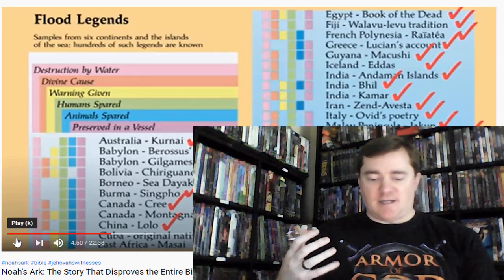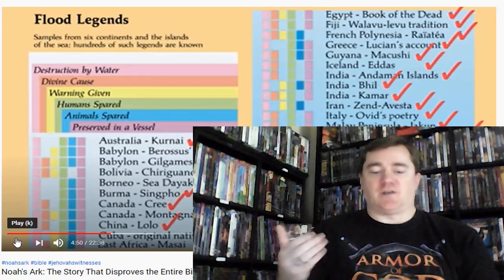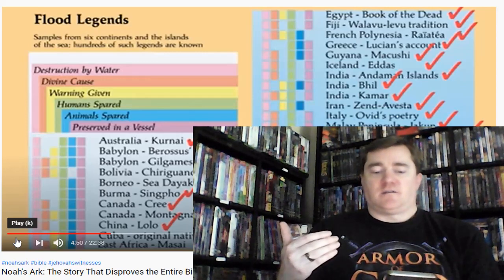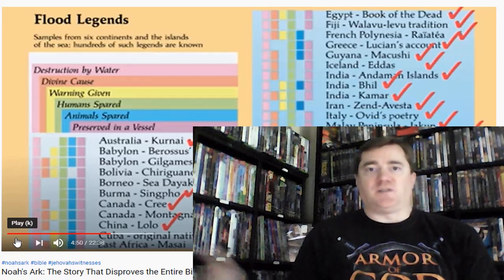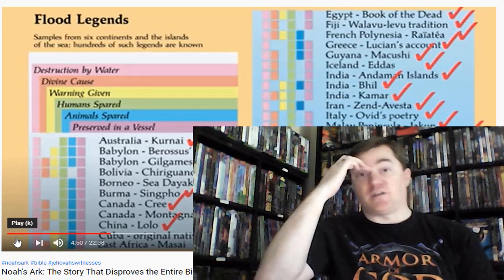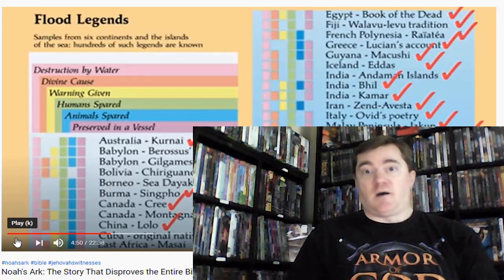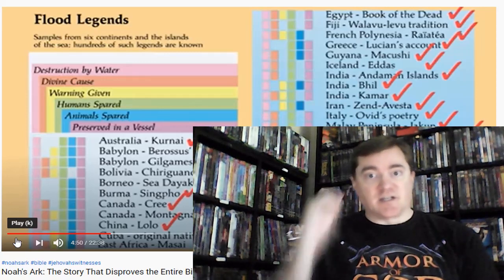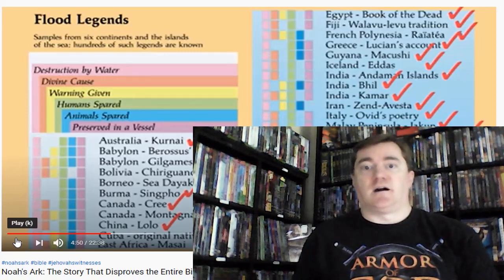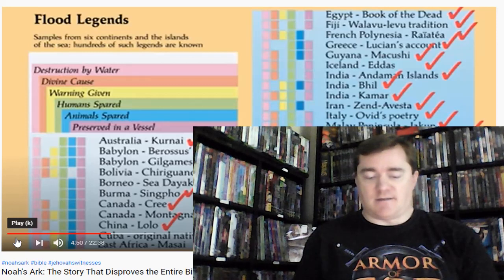But they weren't necessarily living right on the sea all the time. Not every single one of them was. In fact, I would bet if I started looking up a lot of these, that they're not even near where this guy thinks they are.